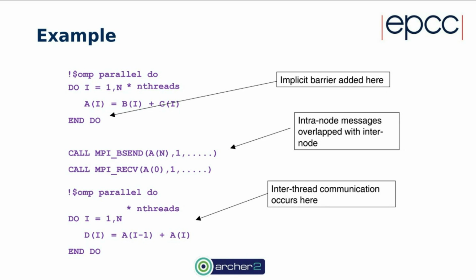We've got this implicit barrier at the end of this parallel loop, and that's absolutely required because we have to close the parallel region anyway, since we're in master-only style. But in principle there is a data dependency here. The master thread needs to know that this loop has completed before it can send AN.